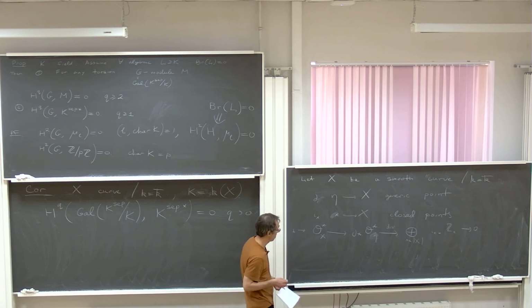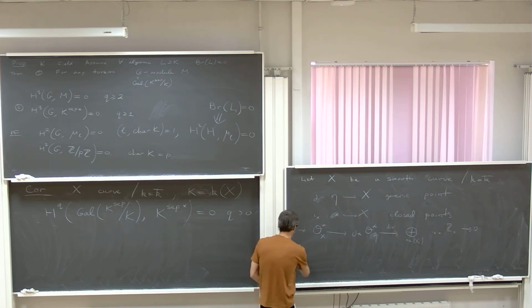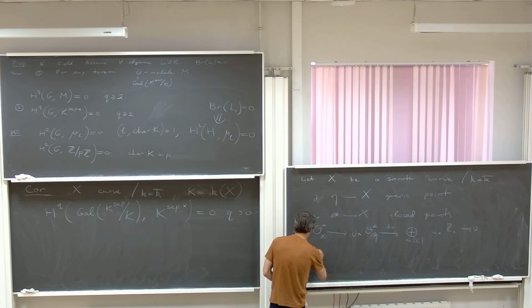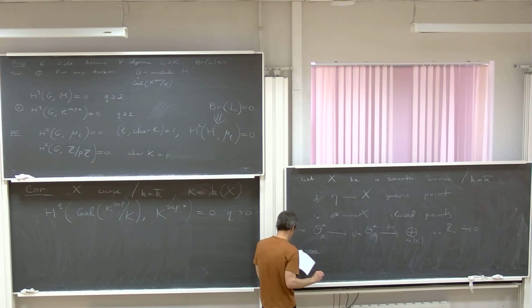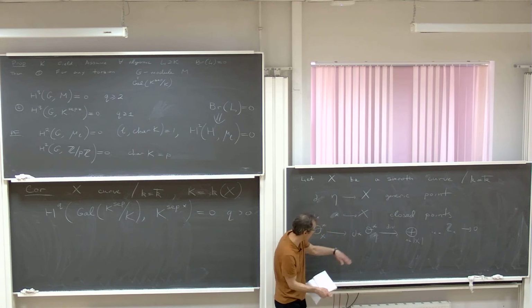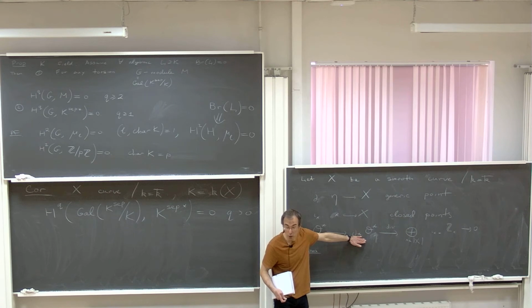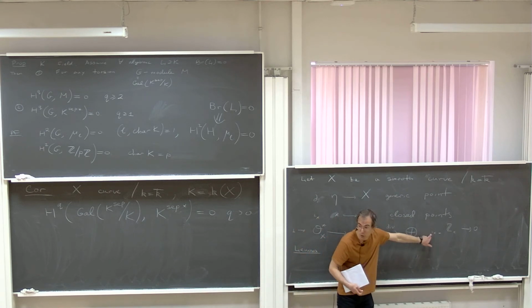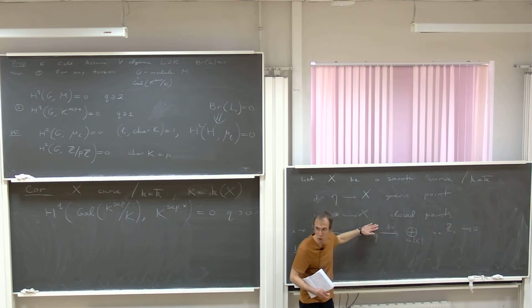So now I'll need a lemma. This functor is j lower star. Well, these are closed embeddings, so these are finite morphisms, so there are no higher direct images. This is not a finite morphism.